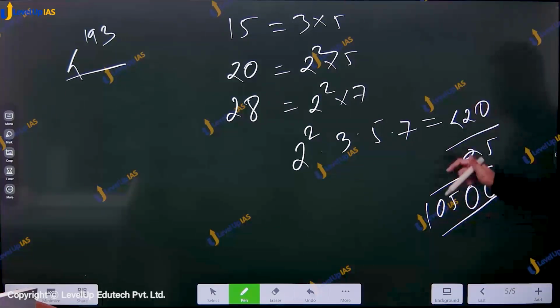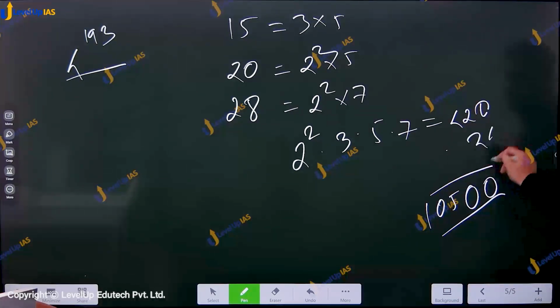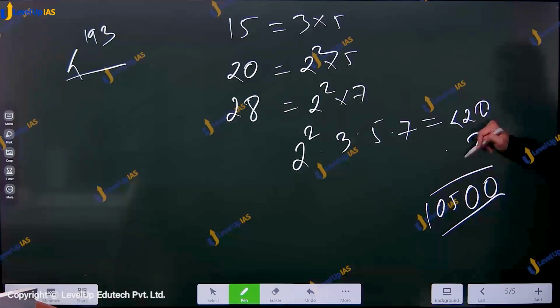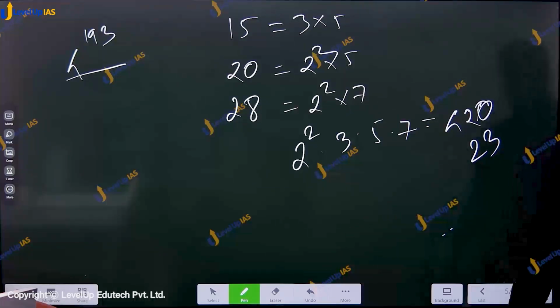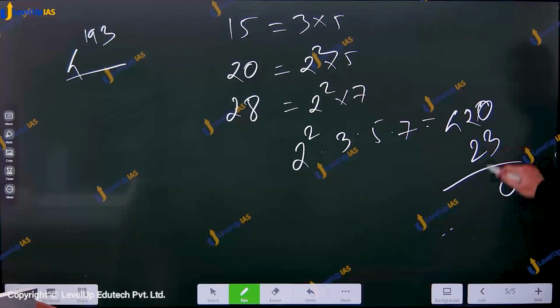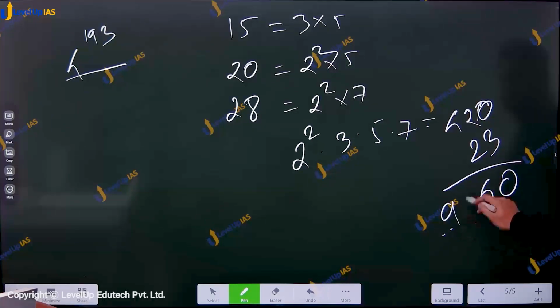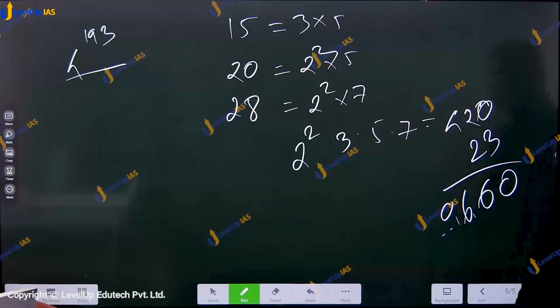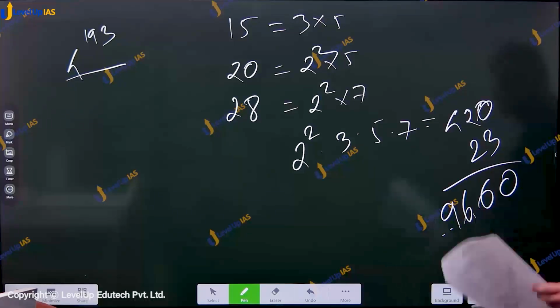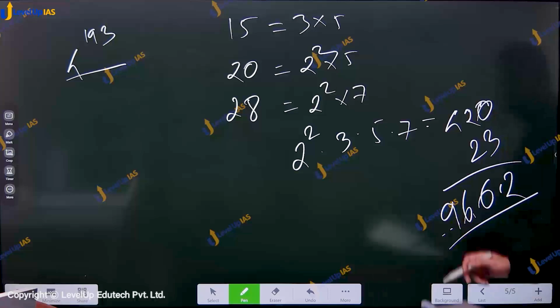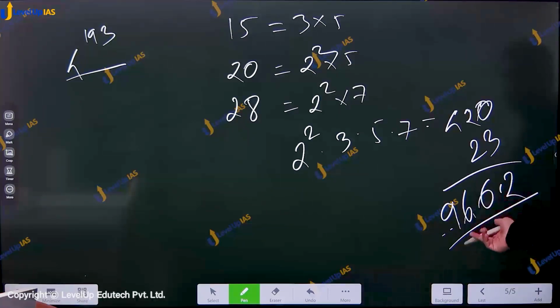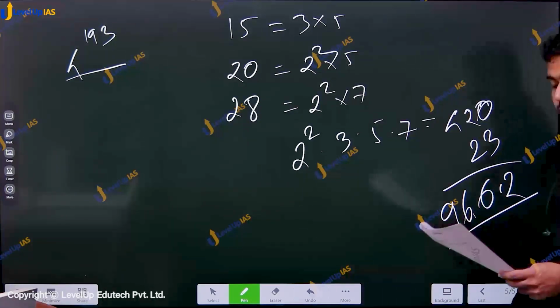So if I subtract 420 once, means I multiply by 24, I'll still get a 5-digit number. So I'll have to multiply by 23. And if I do that, I'll get, right? And remainder is 2. So the number required is this 4962. Question is, what is the sum of the digits of x? Sum of the digits is 19 plus 2, 21. So answer is B.